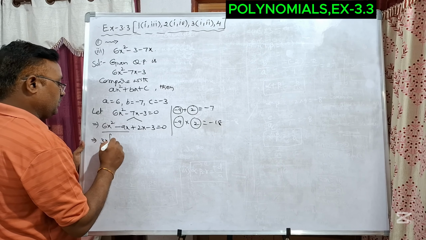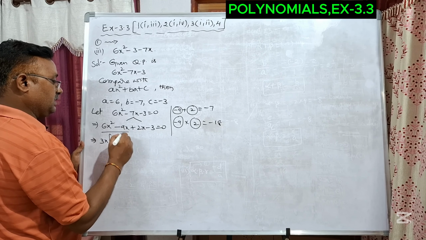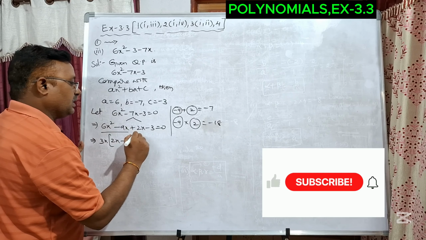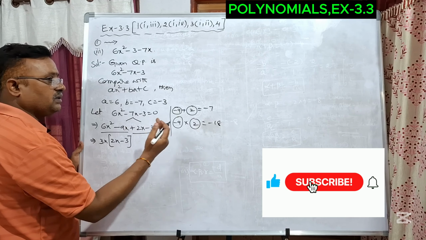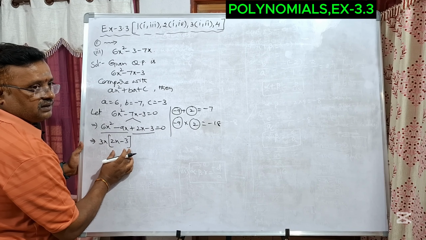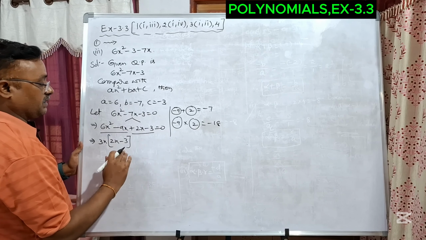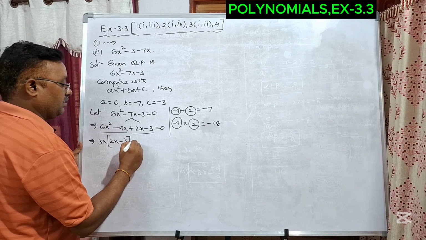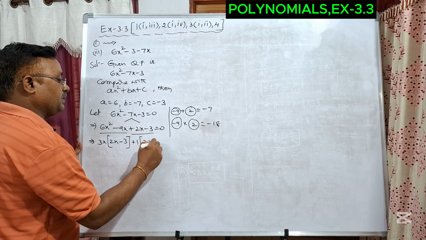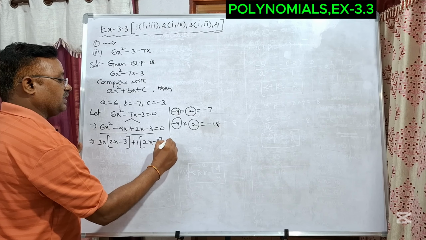Then it remains 2x from the first term minus only 3 from the second term. In the same way, from the third and fourth terms, you need to take something common which remains the same bracket. Then only the problem is correct, step correct, process correct, right? Now I have only one choice: plus 1 is taken common. It remains 2x minus 3 equal to 0.